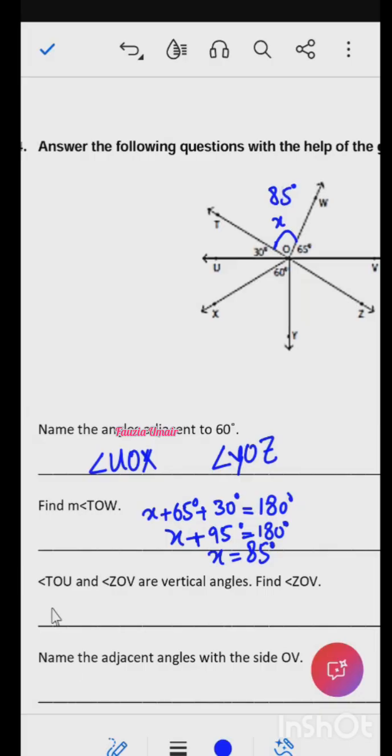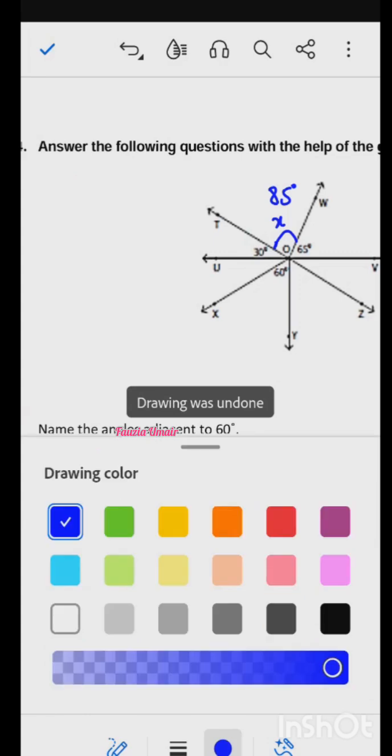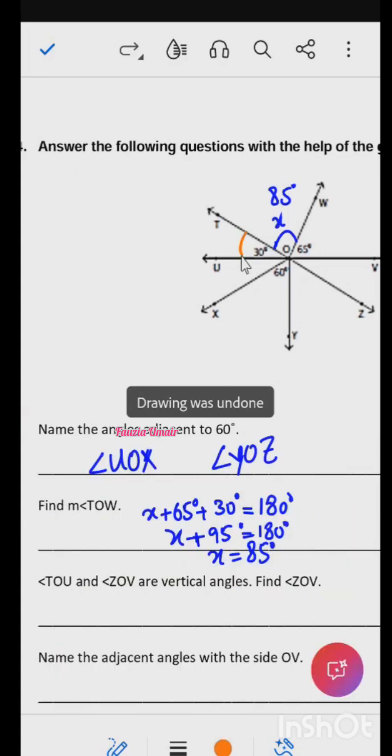Now the question is angle TOU. Let me change the color first. So angle TOU, like this angle, this one, and angle ZOV, this angle.